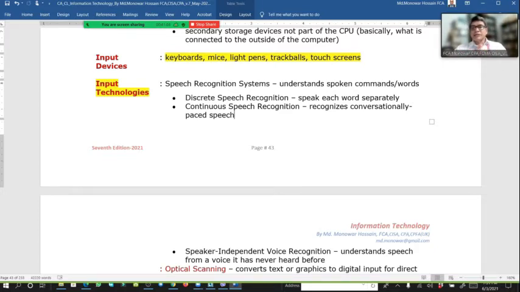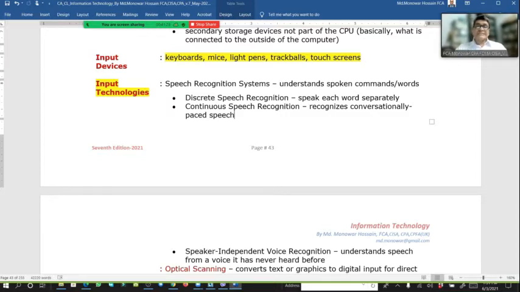At this moment, I am also using that: just speaking in Bangla, and it is fully recorded there, copying all the data and taking the words, customized for business purposes.